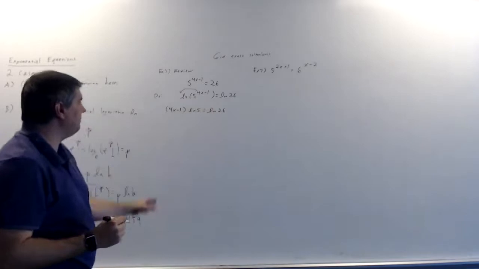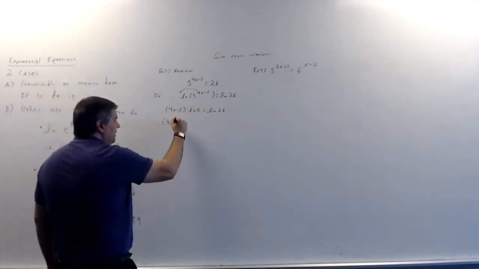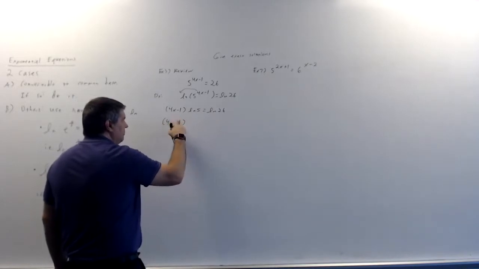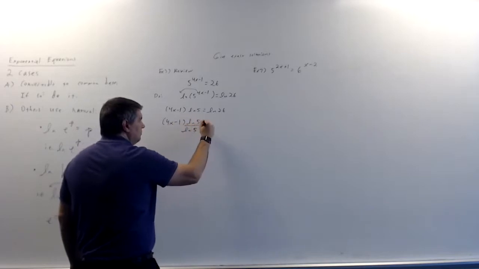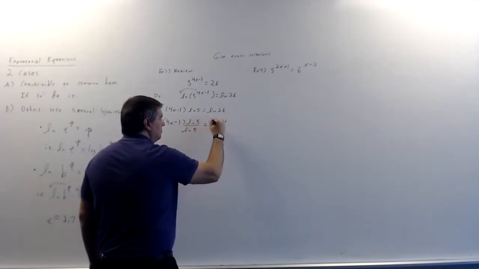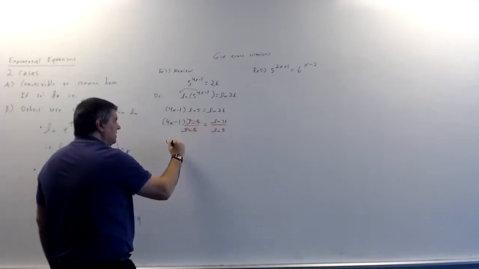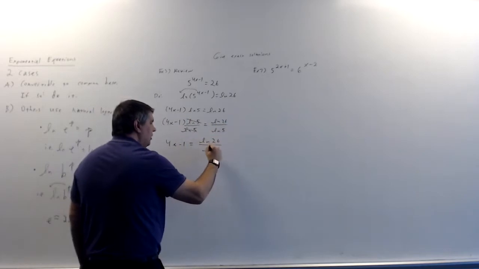All right, and then I didn't distribute. What I did instead is I divided off the natural logarithm that was on the left. Okay, so we have 4x minus 1 equals the natural log of 26 over the natural log of 5.